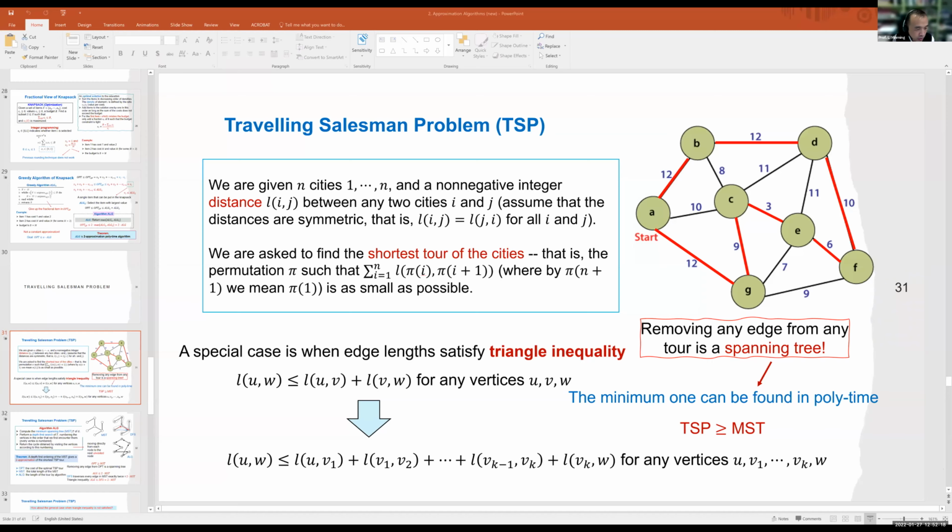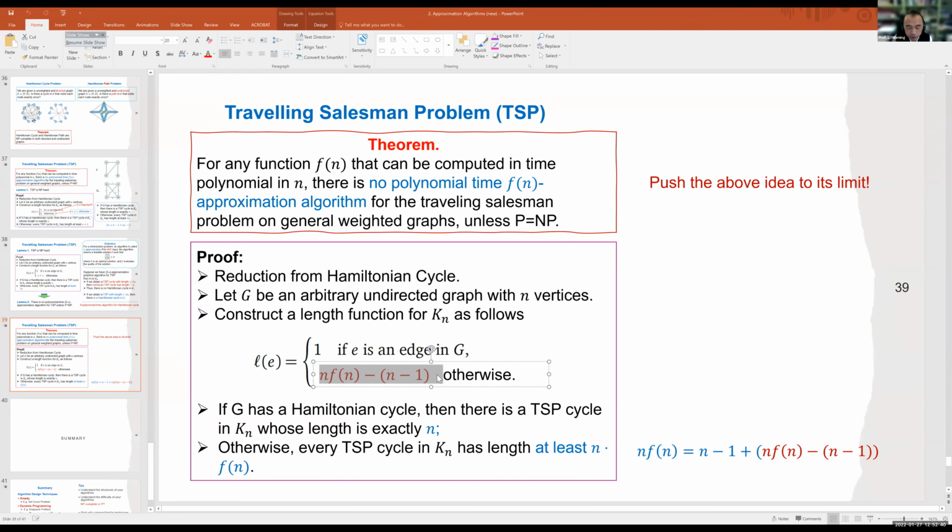Basically, when you look at this page, we make the cost very big for those edges which do not exist in the original graph. If you have this cost very big, then the optimal solution for TSP in the good case and in the bad case will differ a lot. In the good case, the length is n.